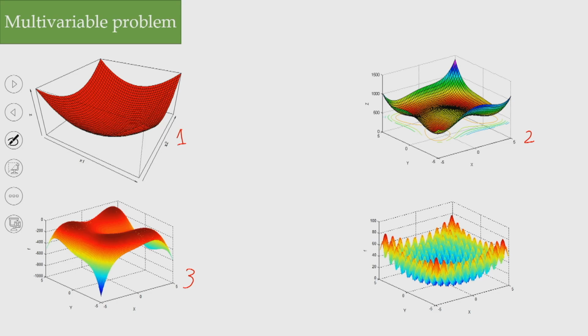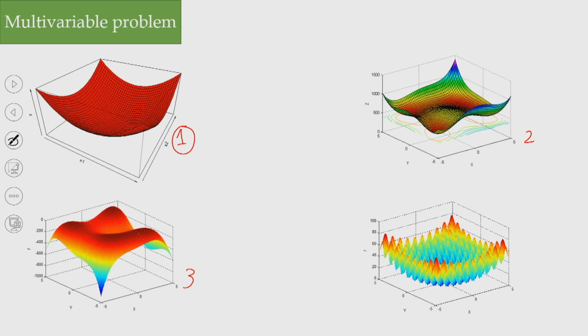Now, whatever line search methods we discuss, we will basically assume that the problem is of this kind, that is, the function is convex. For the convex function we will apply the line search technique here. We will discuss a few line search techniques, and you can also apply the algorithm on other functions, but you may need some trials to get the optimal solution.